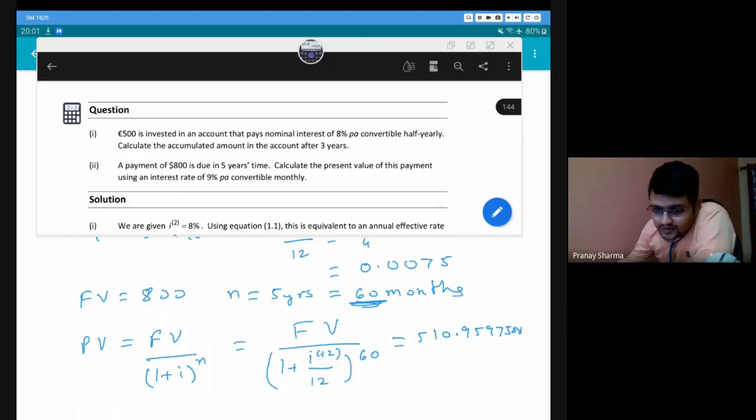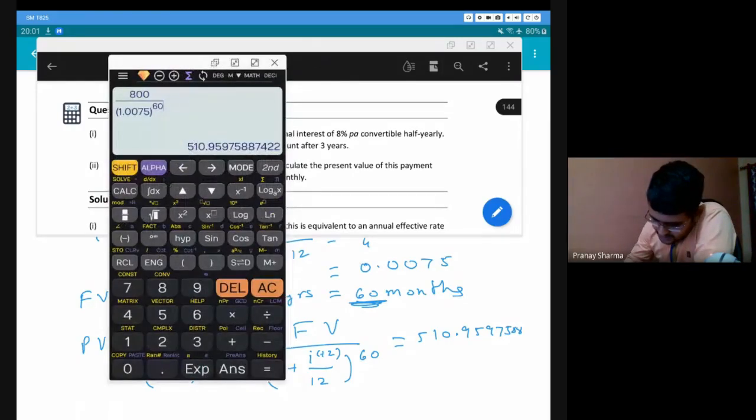It is coming 510.97. Okay, did I make some mistake? No, it's correct. Our I12 is correct. The 9 by 12 would be this much, right? Let me just check. Sometimes I make very silly mistakes. Yes, so this would be this much percentage, 0.75%, so 0.0075.